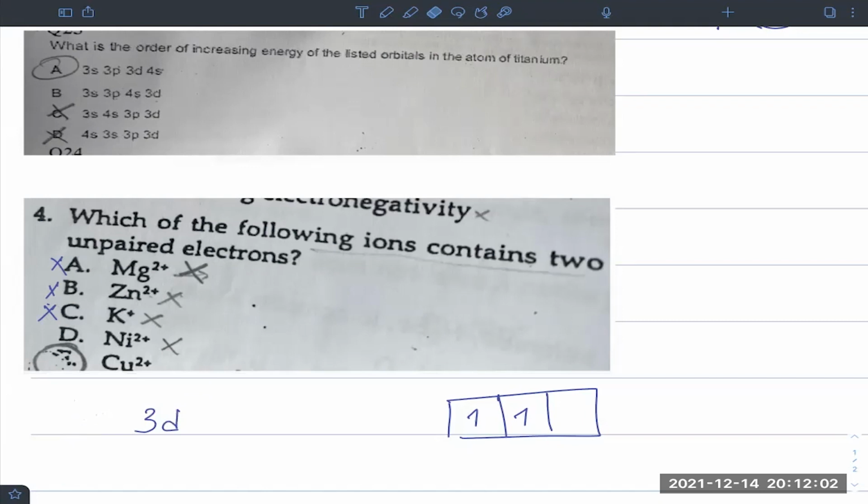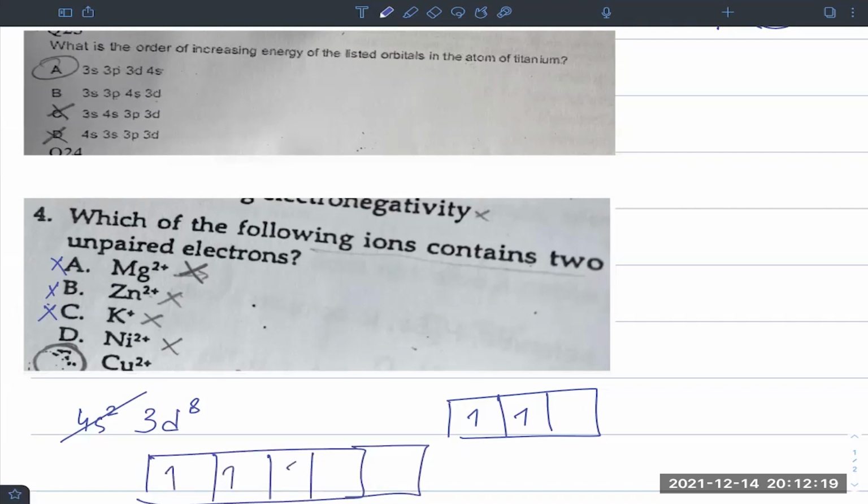So I'm just keeping the argon core, 4s2, 3d. I have nickel 2 plus, that means both of the 4s electrons go away. So 3d8 is something like this: 1, 2, 3, 4, 5, 6, 7, 8. So yeah, we have 2 unpaired ones. There you go. So this should be nickel 2 plus.